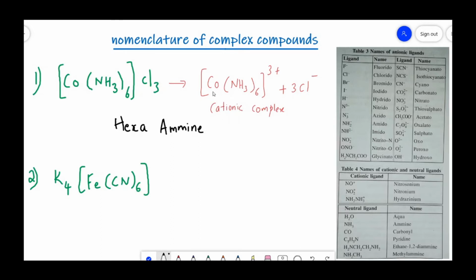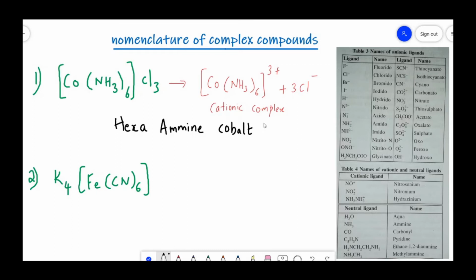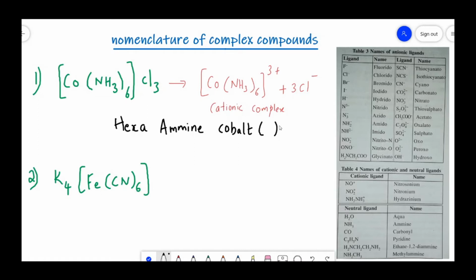Then we write the metal. Since this is a cationic complex, you write the metal as cobalt. After writing cobalt, you have to write its oxidation state. In the previous class we discussed how to calculate oxidation states, and here for cobalt we get +3, so we write the oxidation state in Roman numeral III.